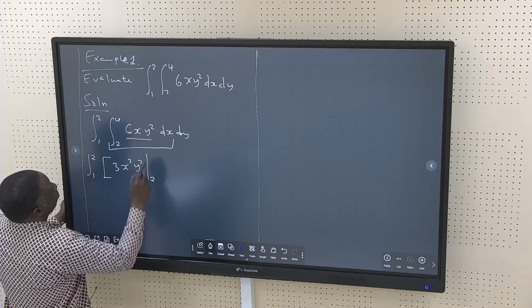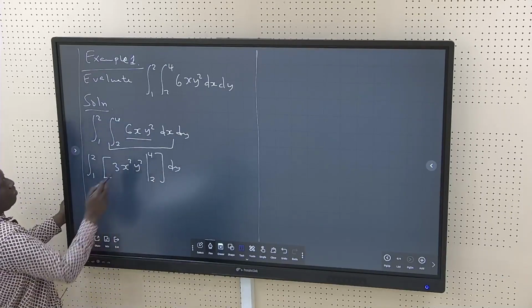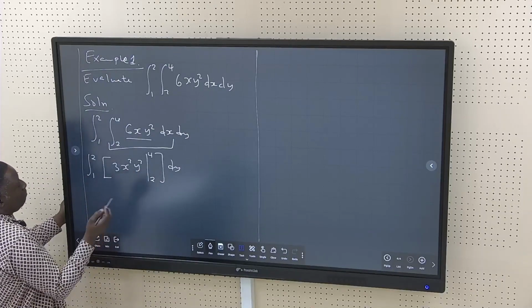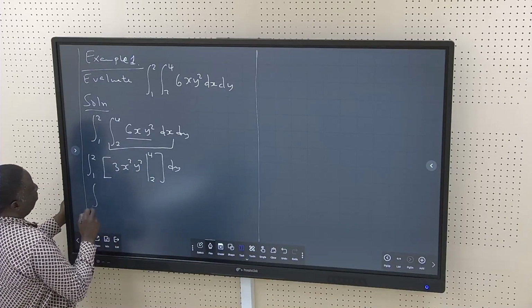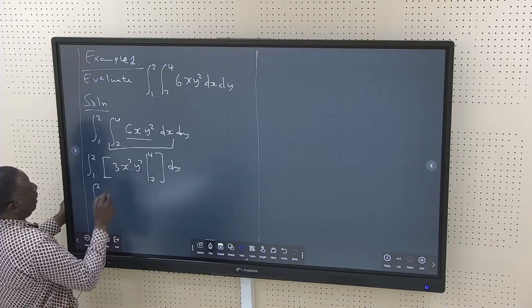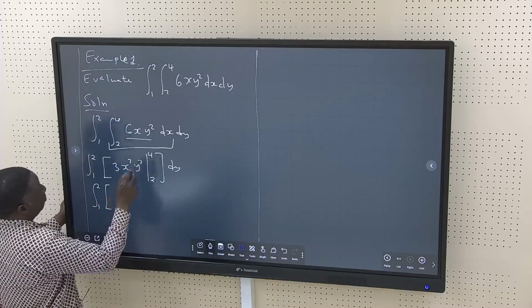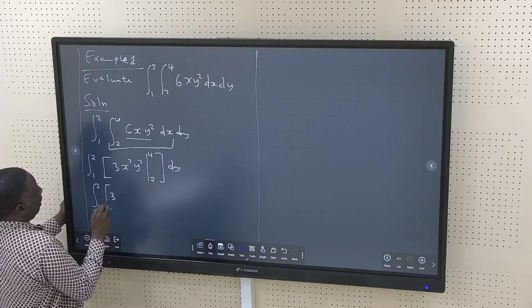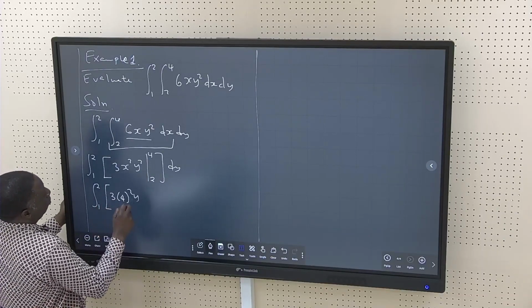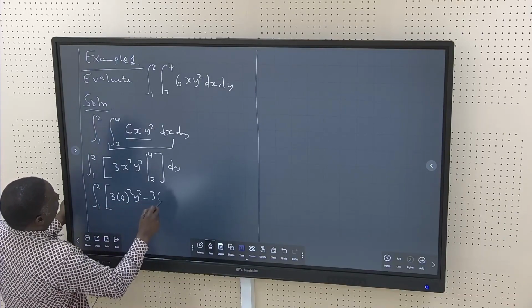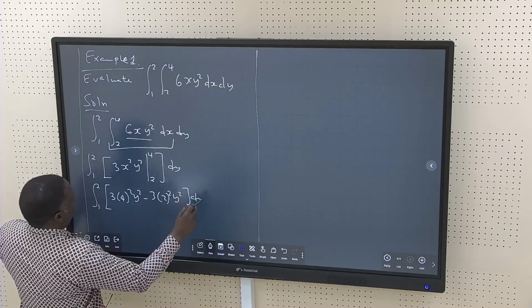Now this is from 2 to 4 with respect to y. So now you know how to evaluate from the integration techniques. So this is 1 to 2. Substituting the values of x, we get 3(4²)y² minus 3(2²)y² dy.